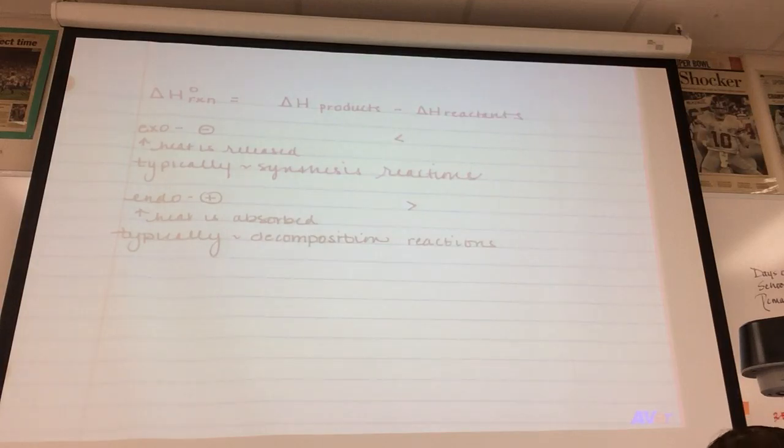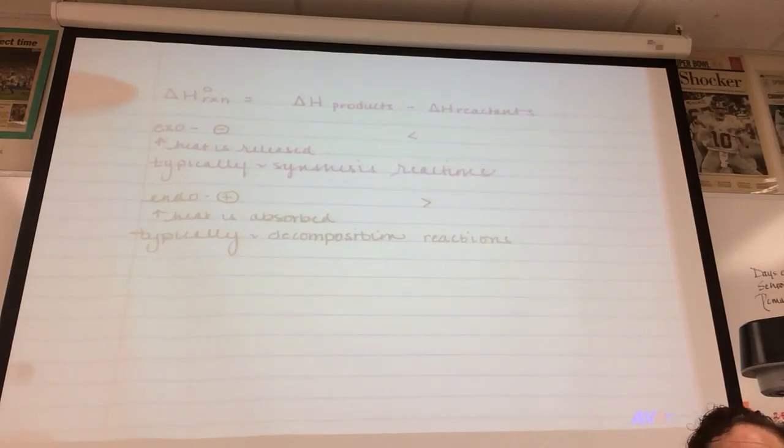It requires energy to break something up, so bond breaking. And what we're going to be doing is calculating the change in enthalpy for a reaction two ways. And I think you'll be very successful with both methods.